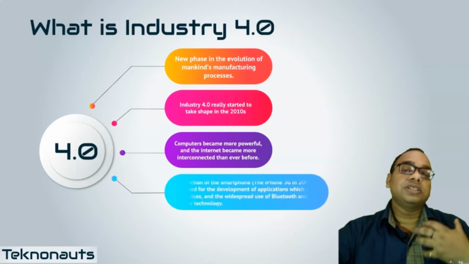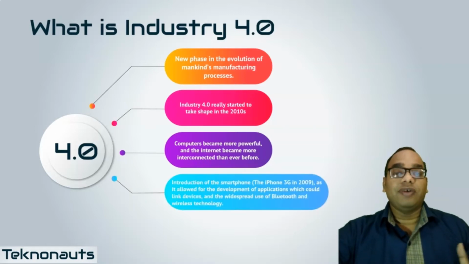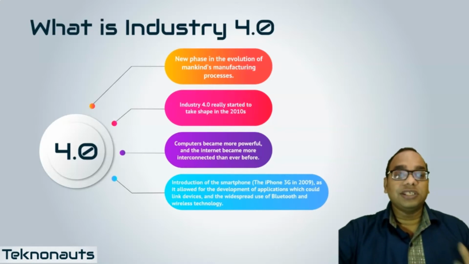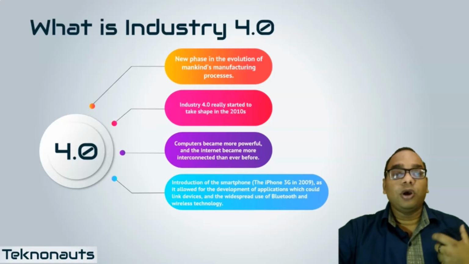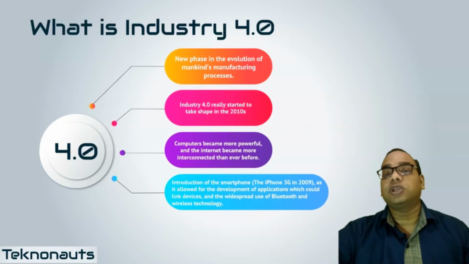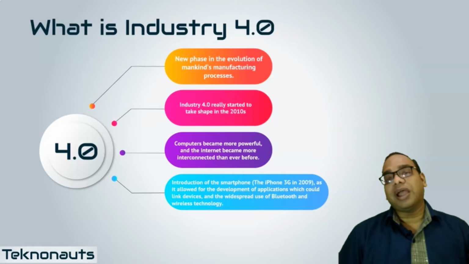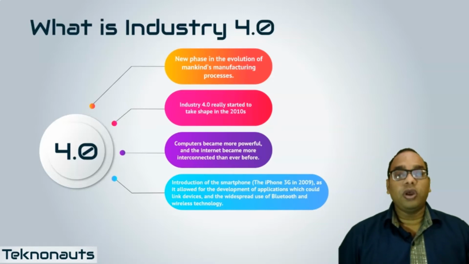So these made the devices and people more connected to each other. That's where the industrial revolution took place, as it allowed for the development of applications which could link the devices, and the widespread use of Bluetooth and wireless technologies. So the introduction of smartphones has really impacted Industry 4.0, and it all got started from 2010.